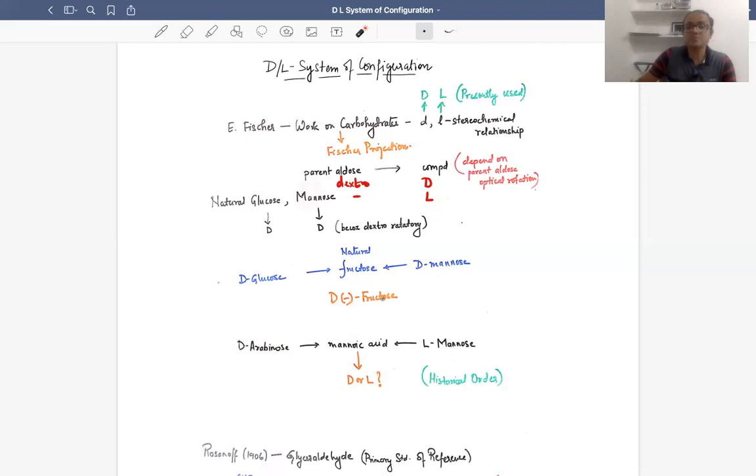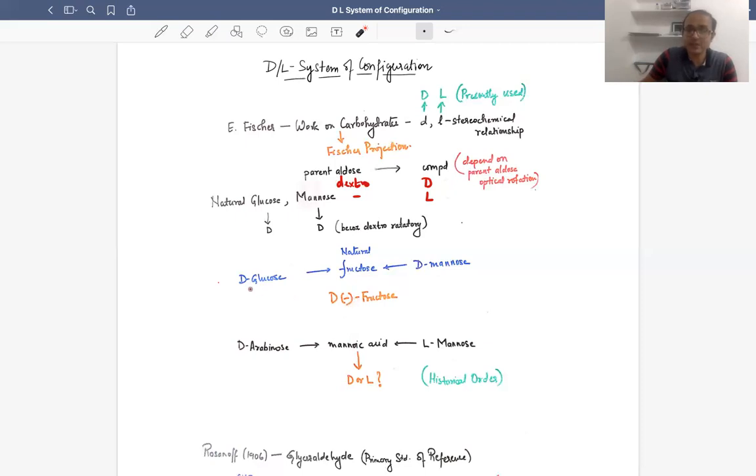Okay, so it was a little bit ambiguous when he first found this out. So he said that since the initial definition is that if your parent aldose is D, the compound should be D. So since we are starting from a D aldose and we are getting this fructose, which is not an aldose but a ketose, we can write it as D minus, in order to signify that this is levorotatory.